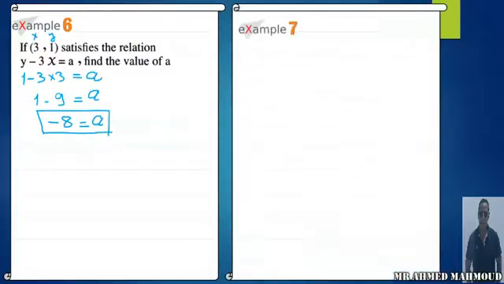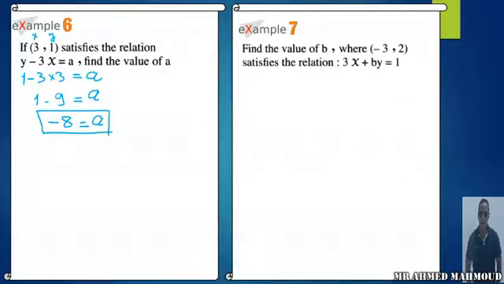Example 7. Find the value of b where (negative 3, 2) satisfies the relation 3x plus by equals 1. Here x, and this is y. I will put negative 3 in place of x and 2 in place of y. It will be negative 3 times negative 3 plus b times 2 equals 1.